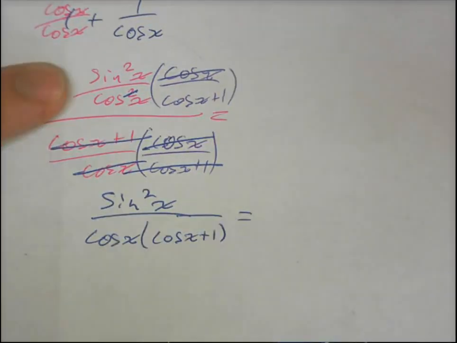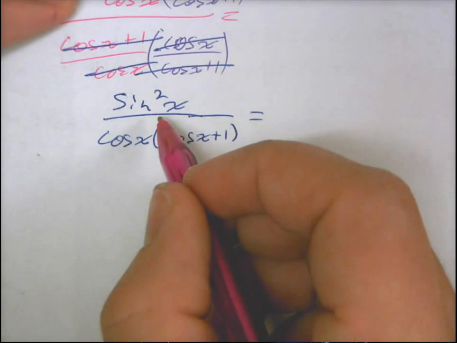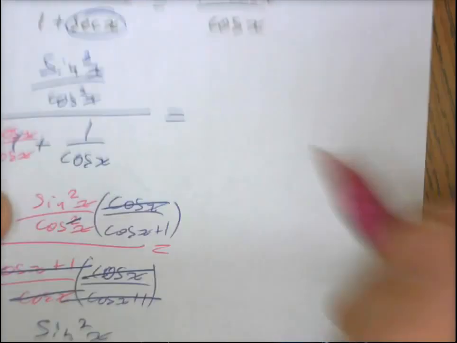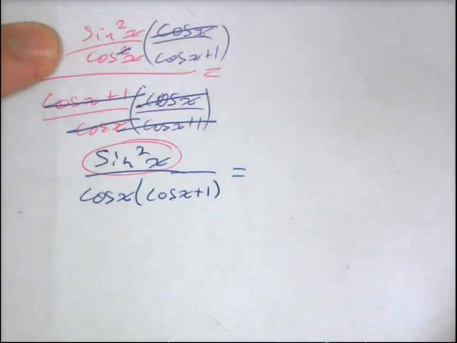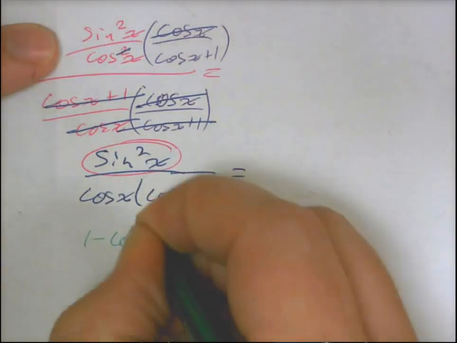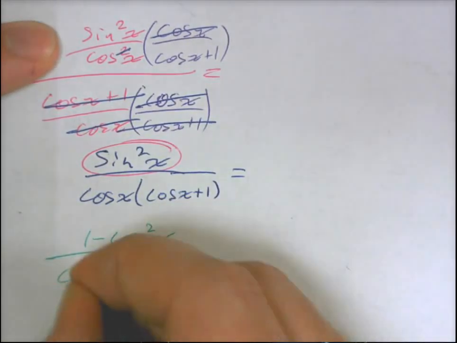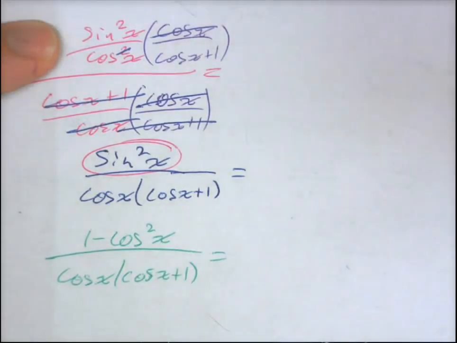Okay, well notice on this right-hand side over here, you have 1 minus cosine over cosine. And down here I'm left with sine squared. So I know I need to get rid of that sine squared because I only have cosines on the right-hand side. So in order to get rid of that, I can use my Pythagorean identity and say that this is 1 minus cosine squared over cosine times cosine x plus 1 equals.